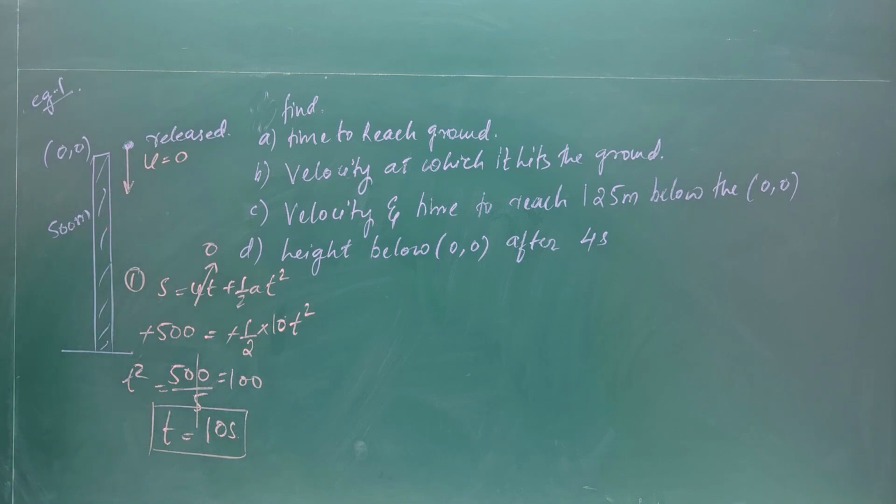Yes or no? What I did was, when released, I considered the initial velocity as 0. If I am considering this as 0, 0, all the things below the line should be considered negative. That's it.